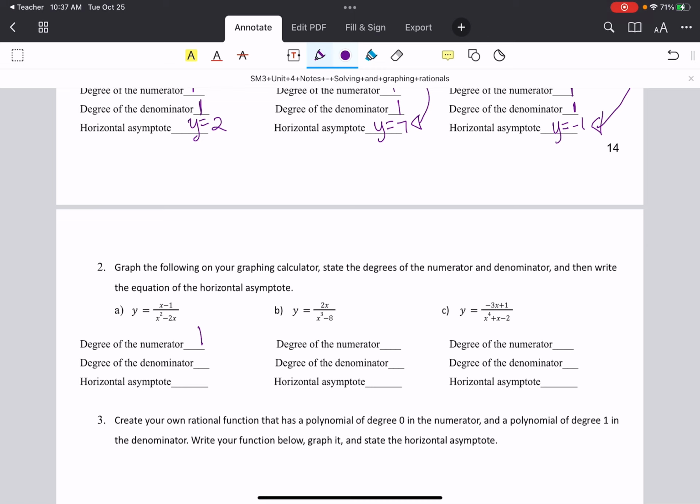And then the denominator, 2. Now graph it. Find your horizontal asymptote. If the same pattern above holds true, where would the asymptote be? 1, right? If it's the same pattern. But graph it and see.